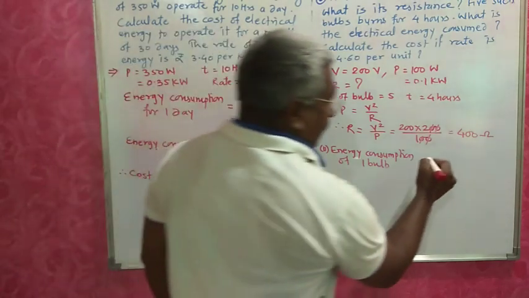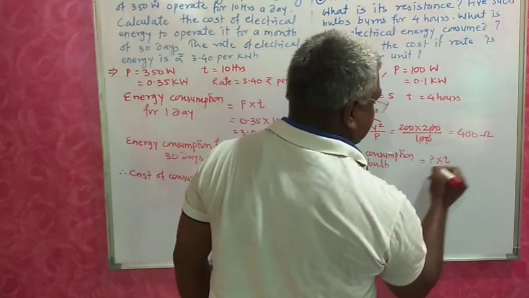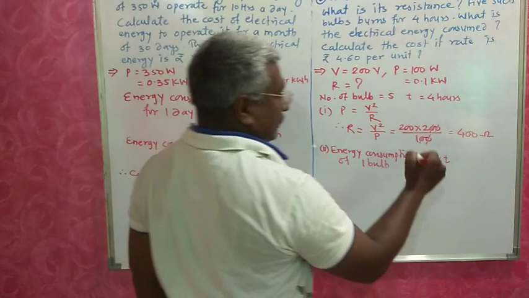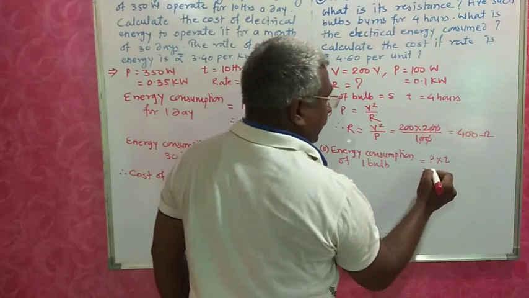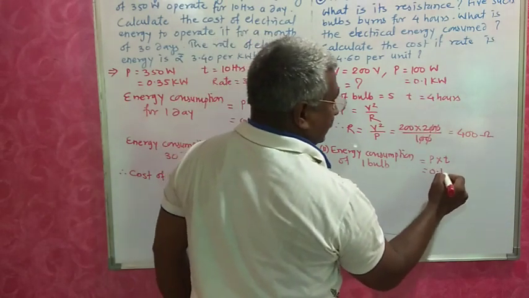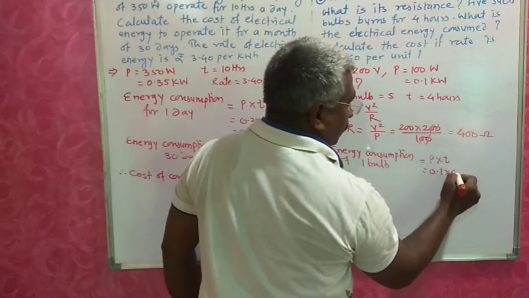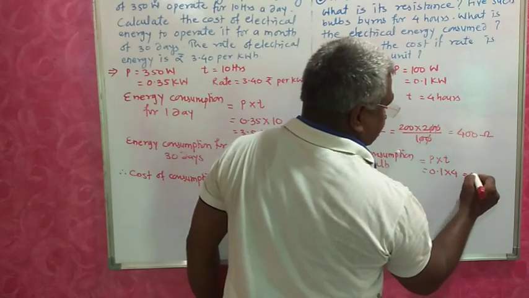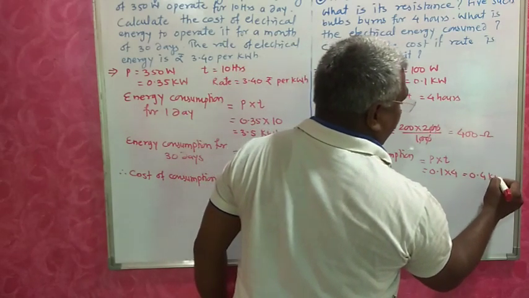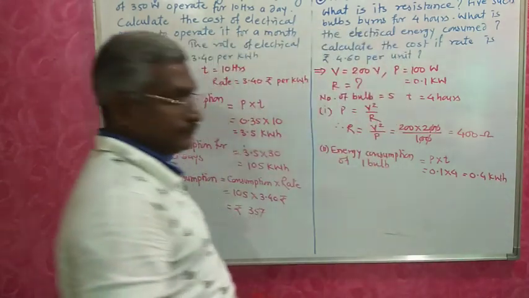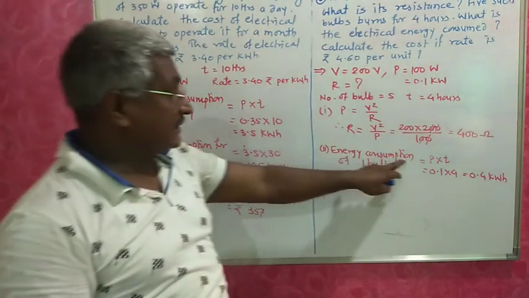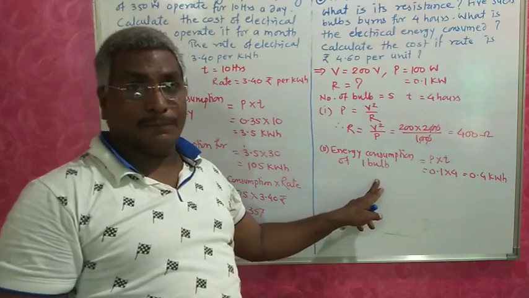So what is power into time? What is the power? 0.1. Time is given, 4. So what will we get? 0.4 kilowatt hour. So this is the energy consumption for one bulb.